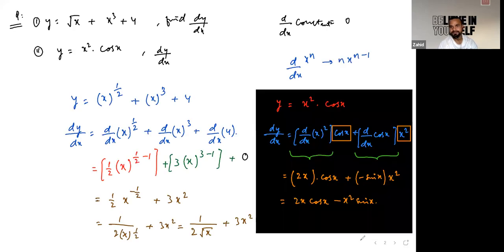I'm defining the last part of this differentiation. If you have y equals f of x divided by g of x, two different functions related by division. One minute, sir, can you show the previous slide? One minute. Thank you, sir.